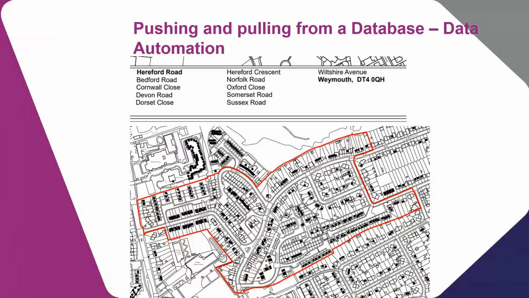So the final example on this bit is the naming of some of our grounds maintenance contract maps. This one is a particularly complicated example with lots of roads. For obvious reasons, I don't particularly want to name that by hand because it's going to go all kinds of wrong. But we know the extent of our grounds maintenance contract area. We know what properties fall within that. That's the little black points you can see. So with a quick spatial join, we can establish those relationships.